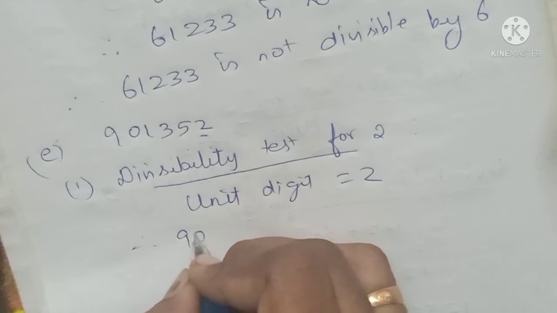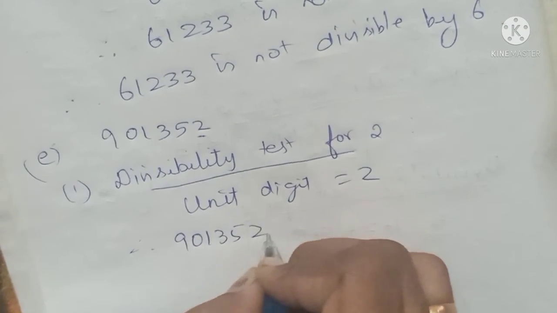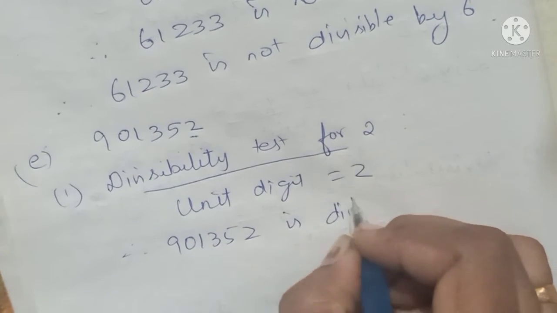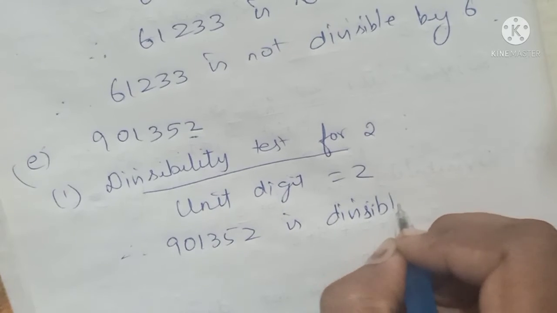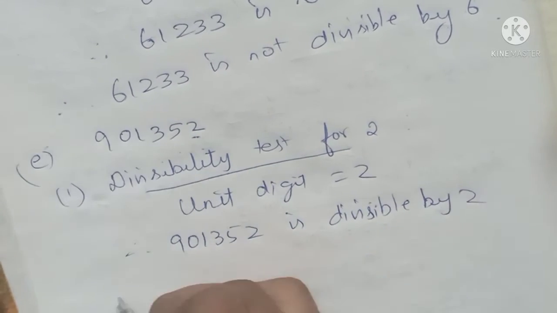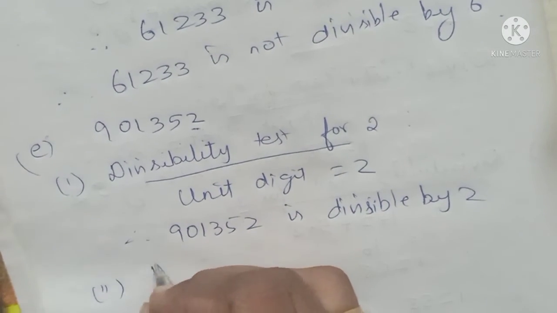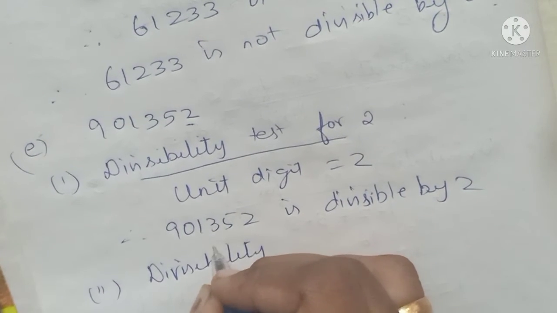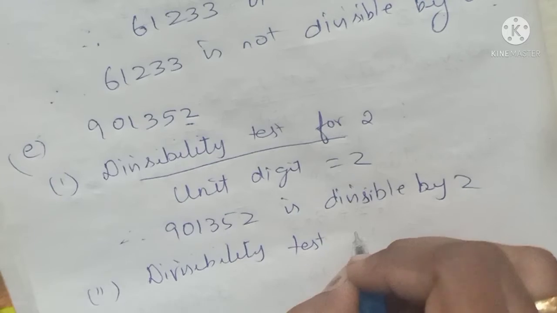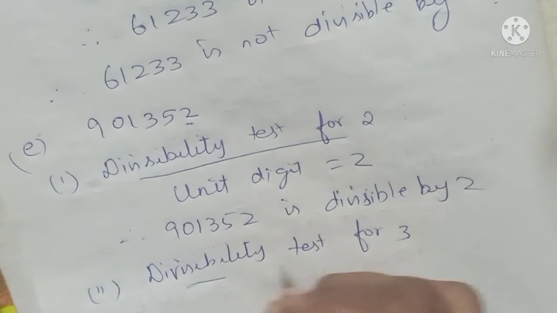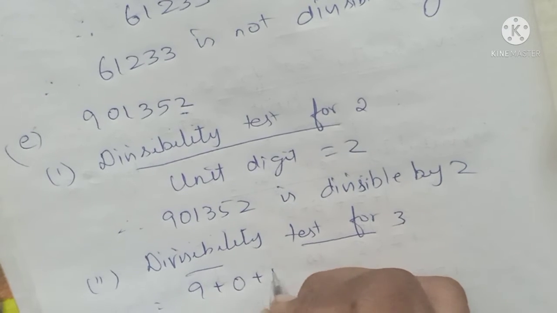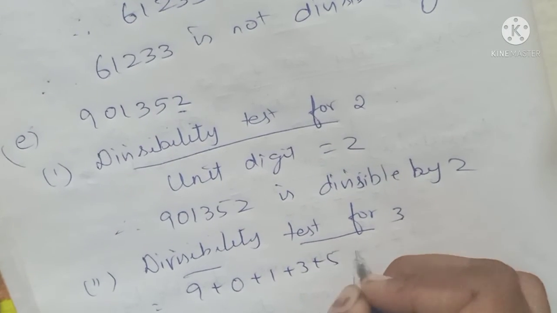Therefore 9,01,352 is divisible by 2. The next, divisibility test for 3. For that we have to add the digits: 9 plus 0 plus 1 plus 3 plus 5 plus 2.